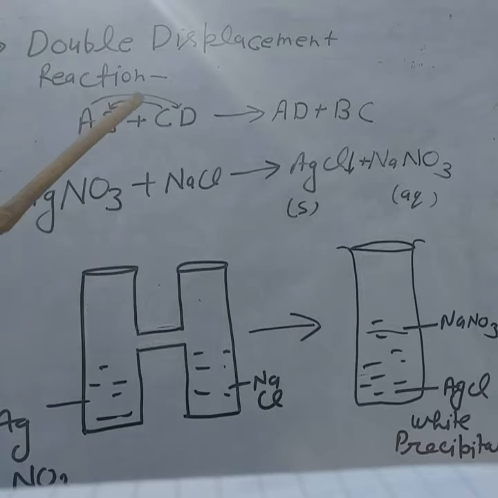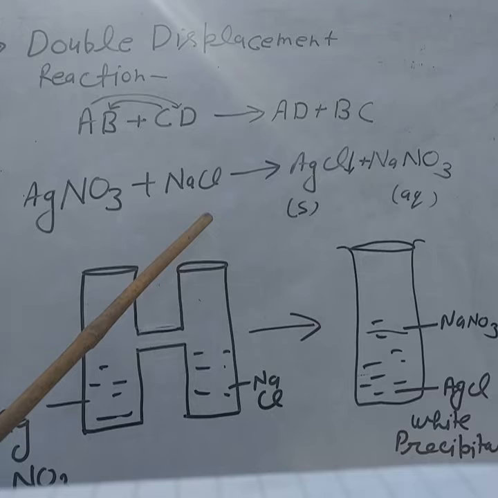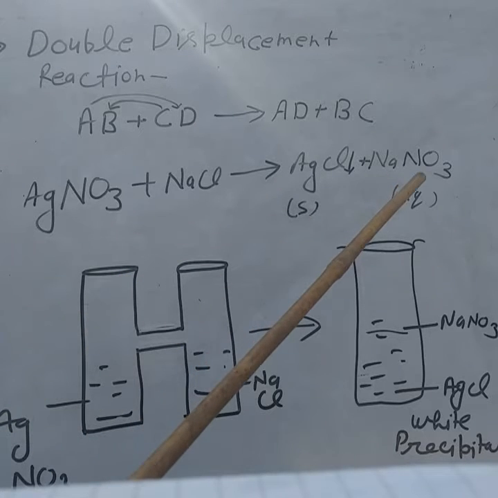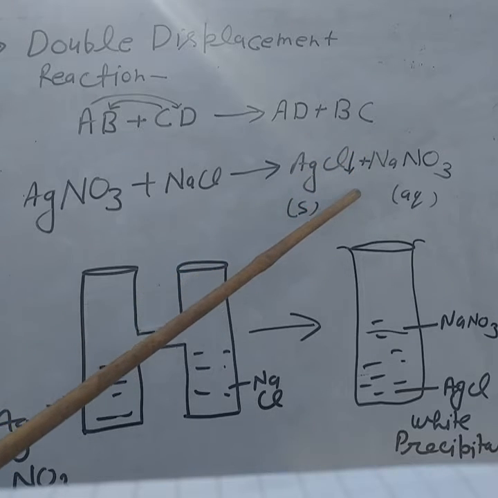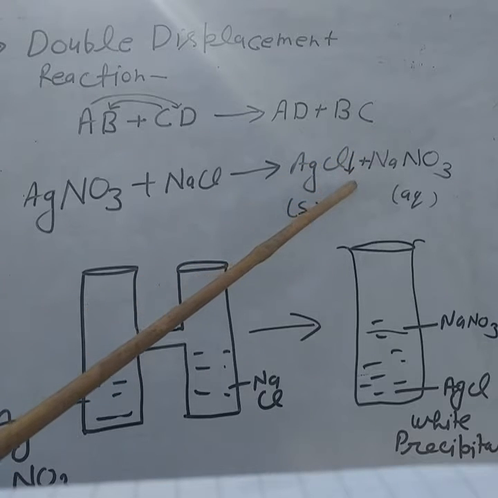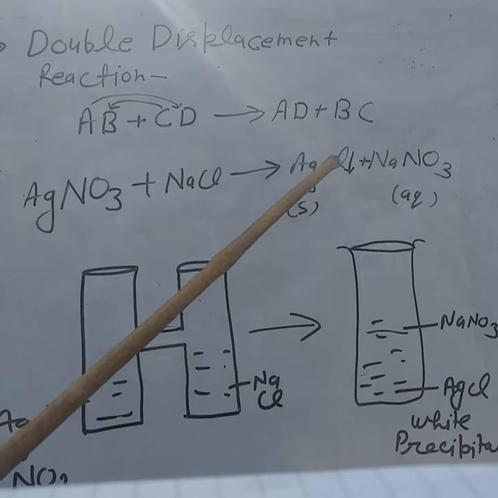In these reactions, Cl displaces the NO3 place and takes its place to form AgCl, and the other compound is NaNO3. The arrow in the lower side of this process shows that a precipitate AgCl is obtained.